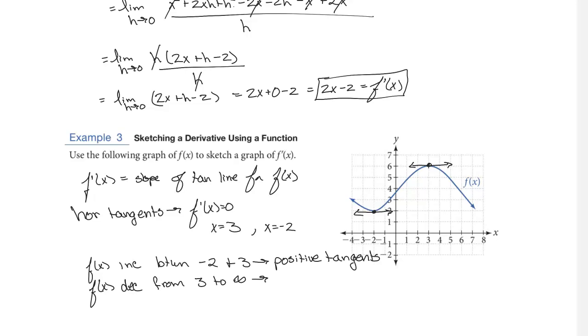If it's decreasing, then all those tangent lines are going to be negative. We'll say they have negative tangents, or negative slopes. Over here to the left of negative 2, same thing.